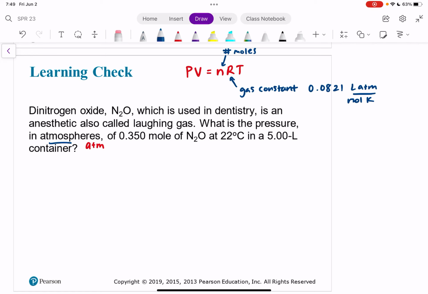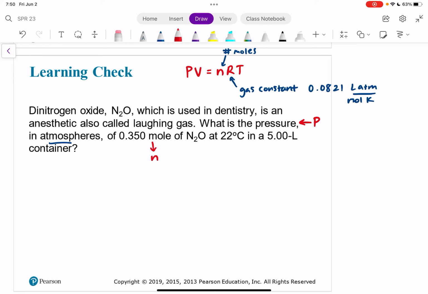Let's start labeling. It says, what is the pressure in atmospheres? That's my P value, so that's my P in my gas law equation. We've got the number of moles, so that's n.